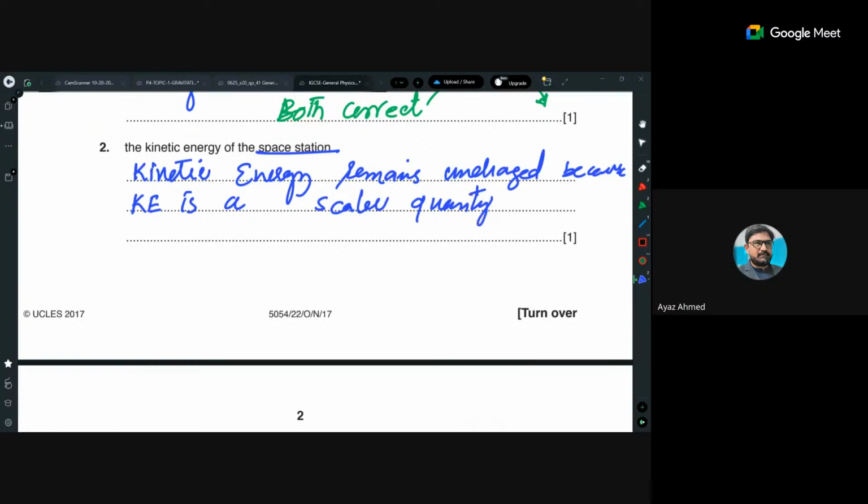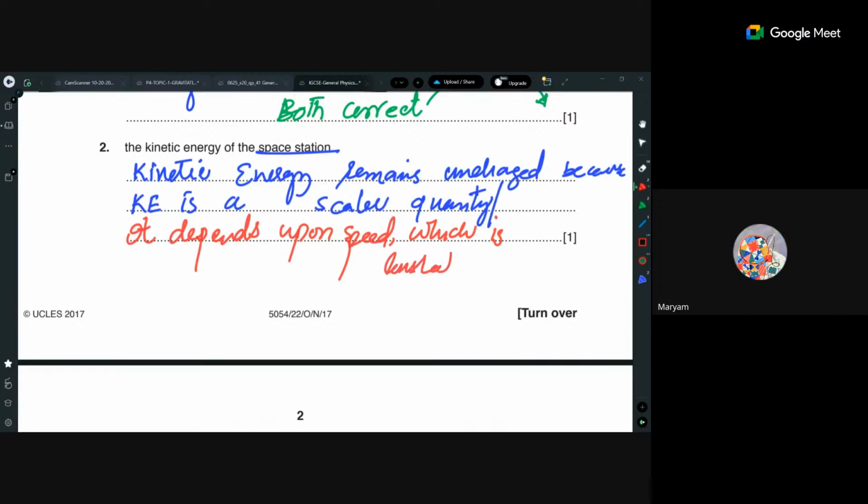You can say it depends upon speed, which is constant. Is it clear? It depends upon speed, which is constant. Sir, how would we know that the speed is constant?